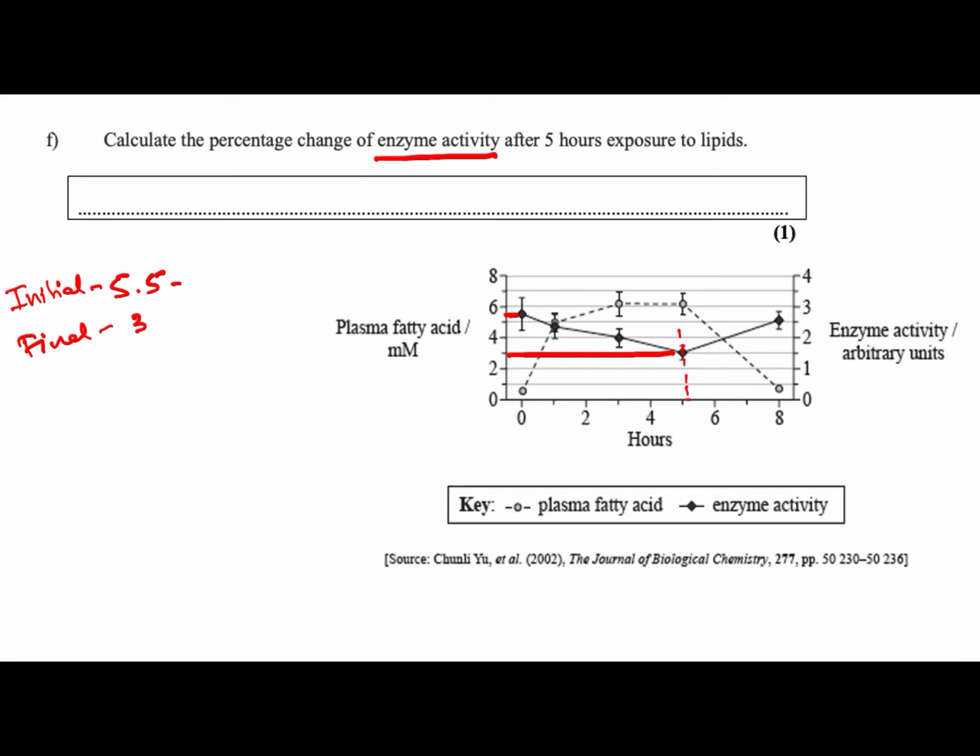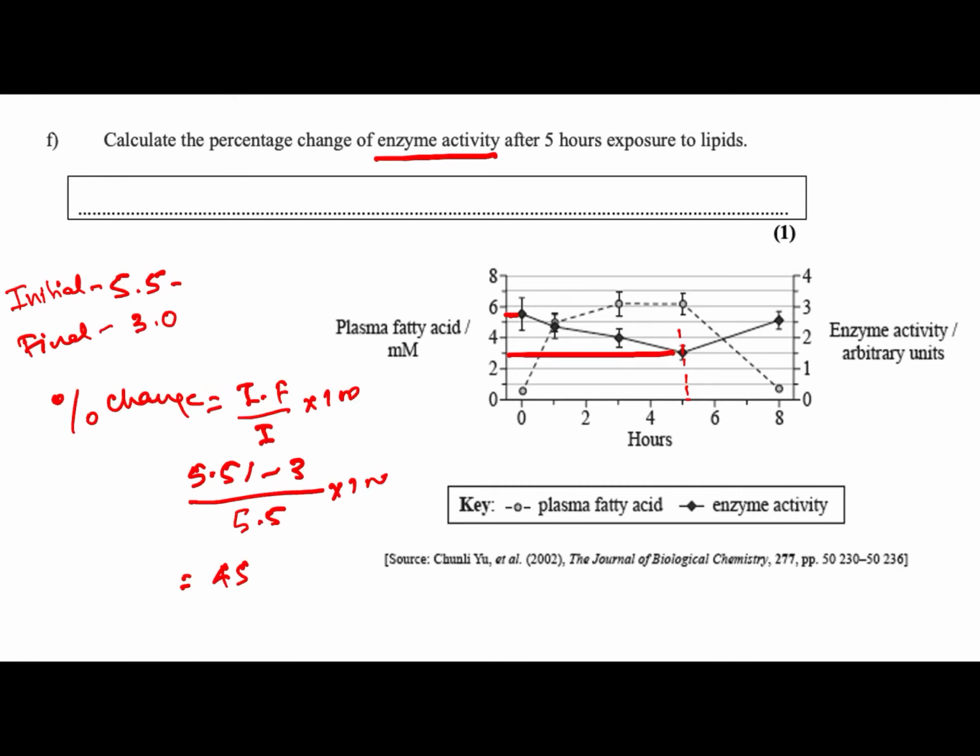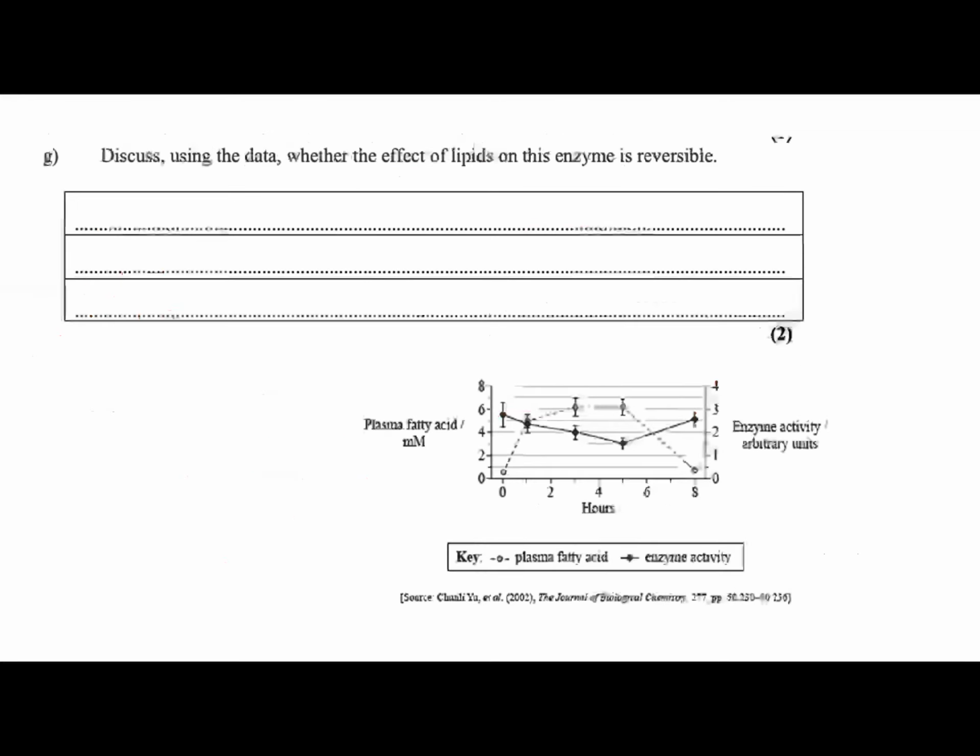The final one is around 3. So the percentage change is initial minus final divided by initial times 100. So 5.5 minus 3, divided by 5.5, times 100. It will come to approximately 45%. So a decrease of 45%. A range is accepted because of the uncertainty, 44 to 47.